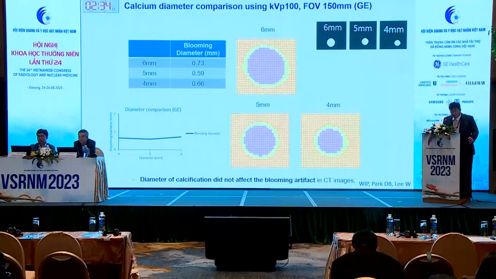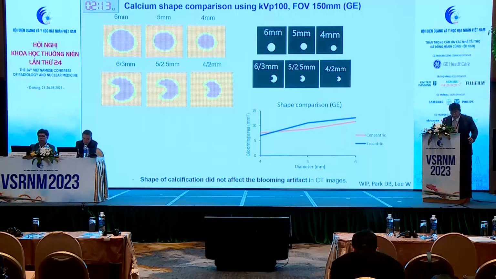Next, calcium diameter comparison using kVp 100 against different vessel diameters. Does a large vessel have a higher blooming area and a small vessel a smaller one? No, the blooming area does not depend on vessel size. What about shape? If a curvilinear shape has a higher blooming area, no, it's also the same.